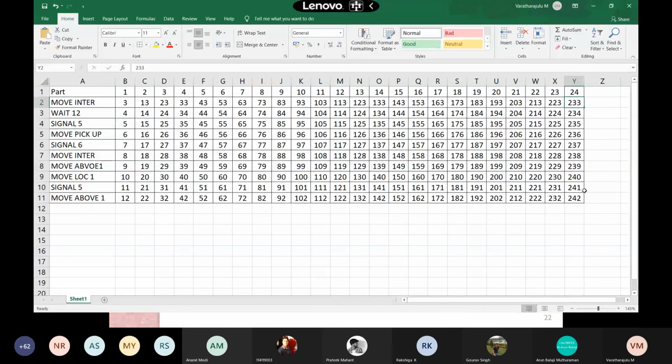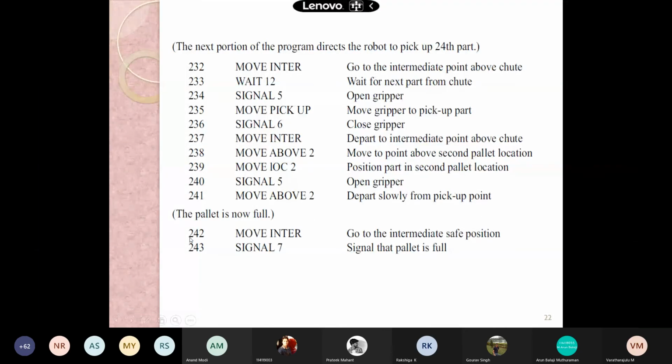See here, 233 to 242 we need to use, and 243 has to be move inter, that is go to the intermediate safe position, and 244 signal 7, that is the signal that the pallet is full. To identify the pallet is full, we were using signal 7, and these are the various lines used for the pallet portion.